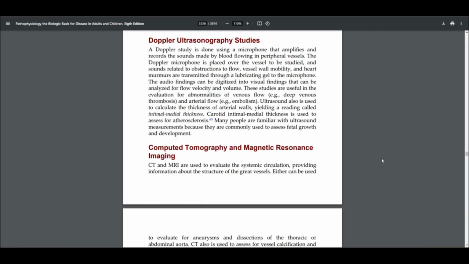The audio findings can be digitalized into visual findings that can be analyzed for flow velocity and volume. These studies are useful in the evaluation for abnormalities of venous flow, deep venous thrombosis, and arterial flow, or emboli.